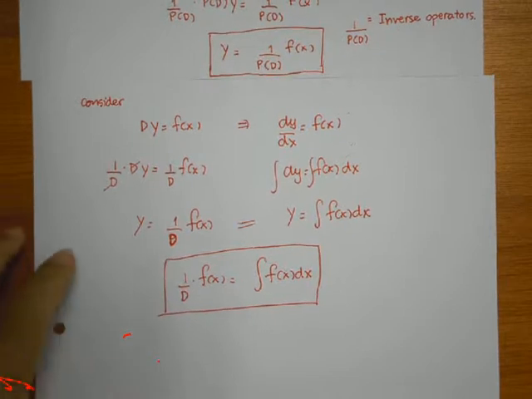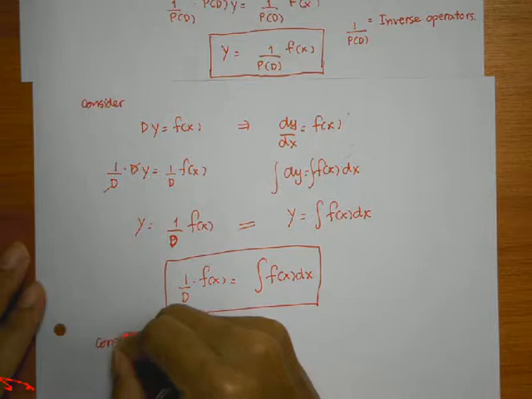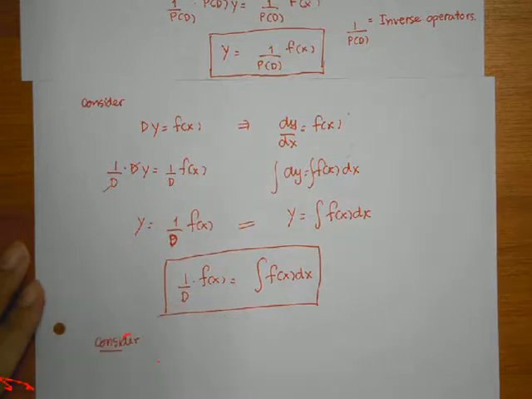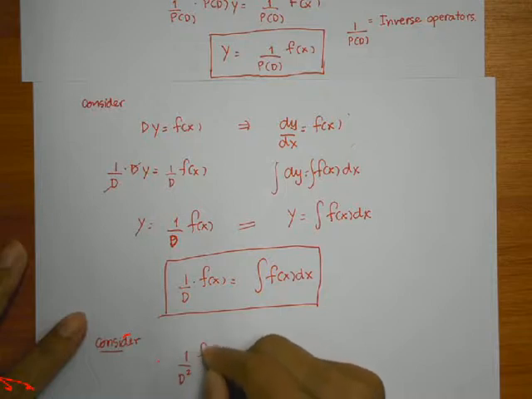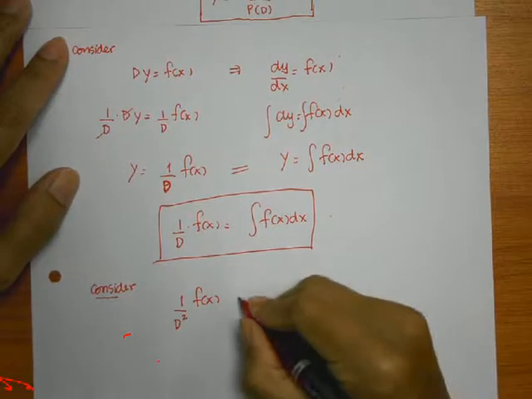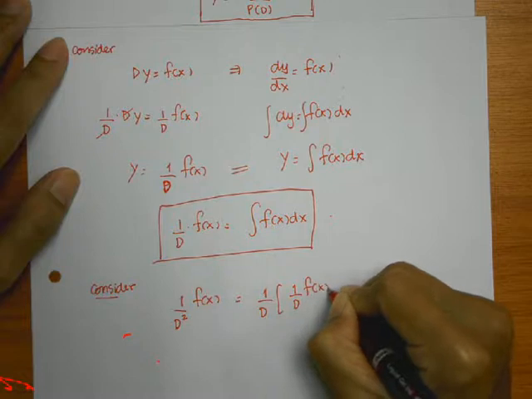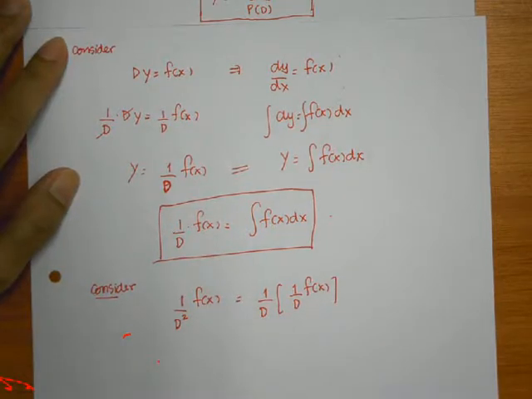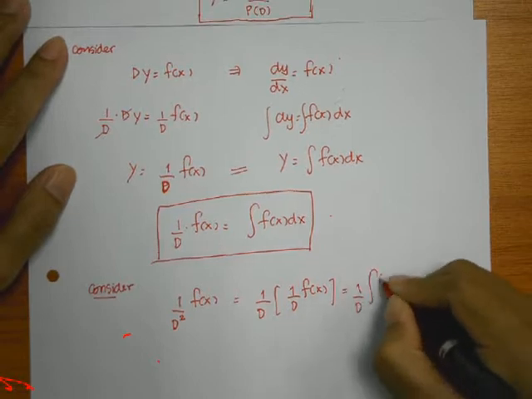Now, if we consider another term, what if we have 1 over D squared f(x)? The meaning is that 1 over D f(x) means the integral of f(x) dx.